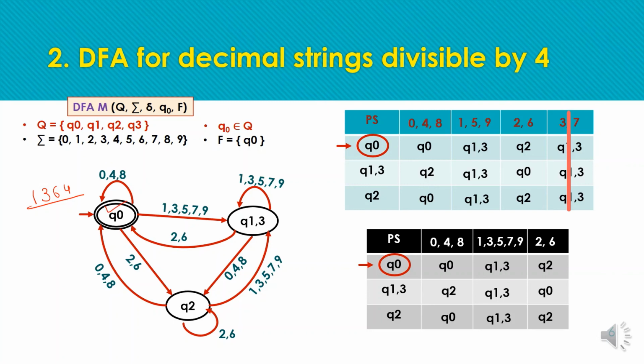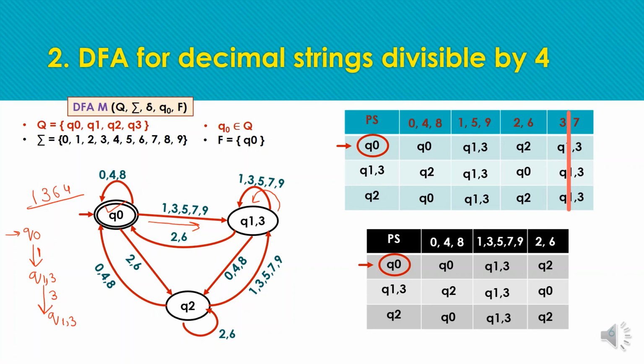So starting with the initial state, as the initial state is q0, on getting the input symbol 1, we are moving to state q13, as this is the first transition. Next, on getting the input symbol 3, we have the self loop at the same state.